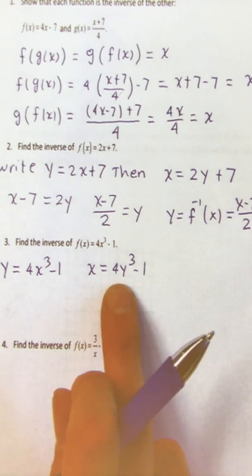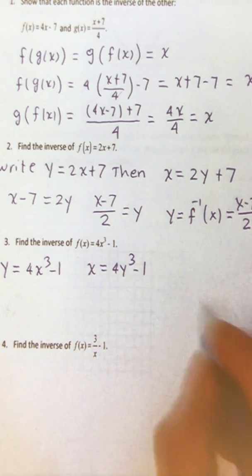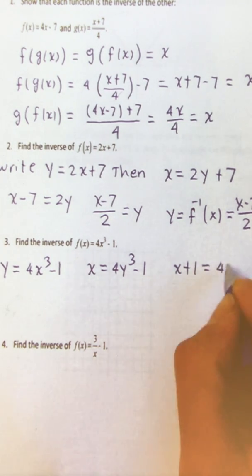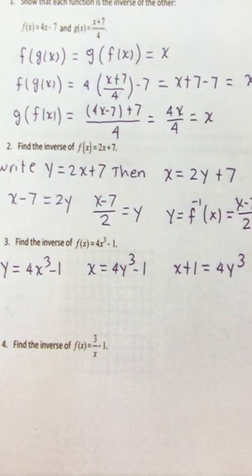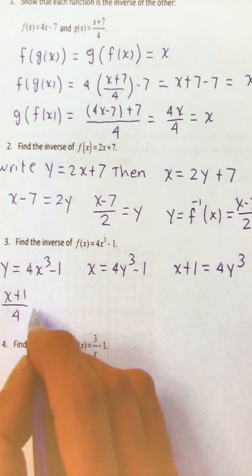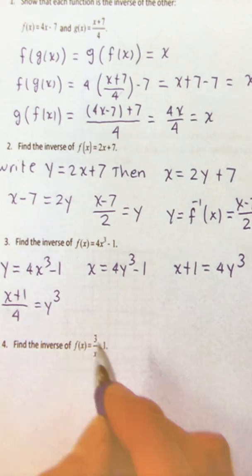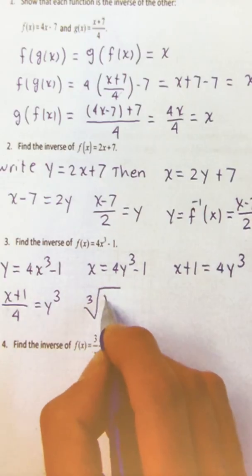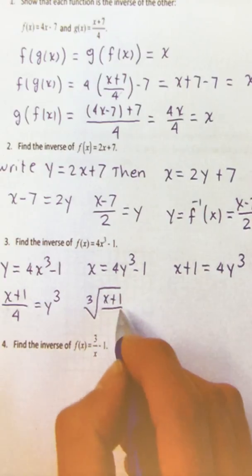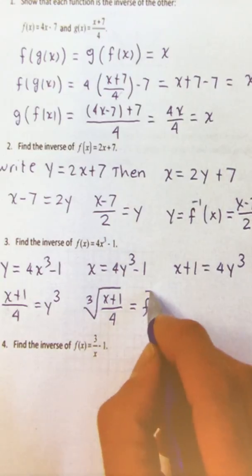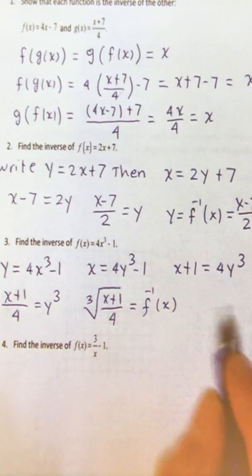Now solve this equation for y, and first add 1 to both sides. x plus 1 is equal to 4y cubed, and then dividing by 4 on both sides, x plus 1 over 4 is equal to y cubed, and then taking the cube root of both sides will give us the cube root of x plus 1 divided by 4 is equal to y, and that is the inverse function we seek.